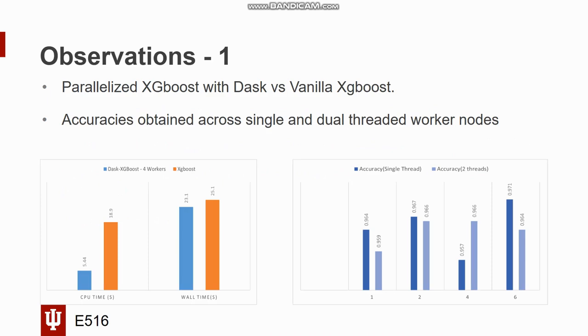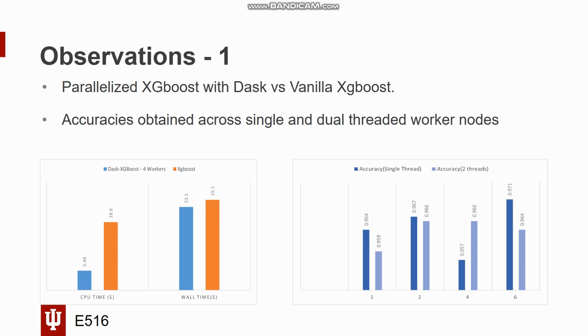So the first observation is where we compare the CPU time and wall time of your normal XGBoost and your Dask XGBoost. So as you can see on the left-hand side, the CPU time for your Dask XGBoost was only 5.44 seconds, whereas your vanilla XGBoost took over 23.1 seconds.